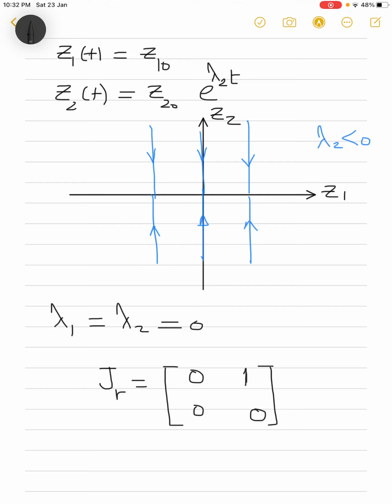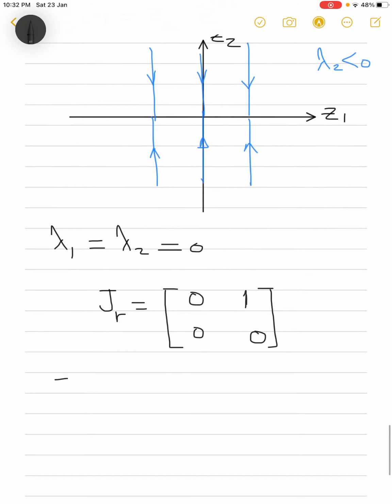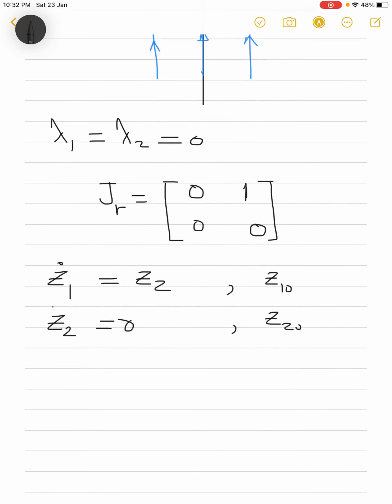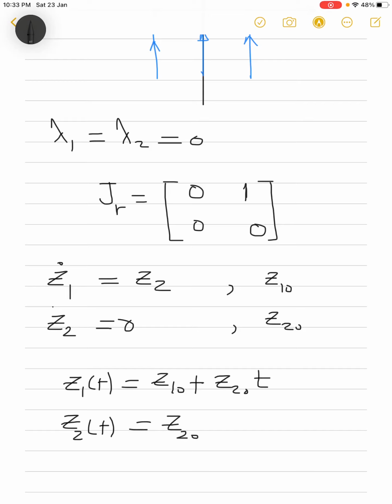In that case, we can write the differential equations as z1 dot equals z2 and z2 dot equal to 0 with some initial condition. So the solution of the first differential equation will give z1 of t equals z1 0 plus z2 0 times t, and the second equation will give us the initial condition as a solution all the time.